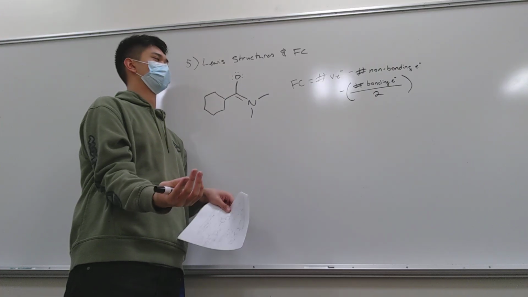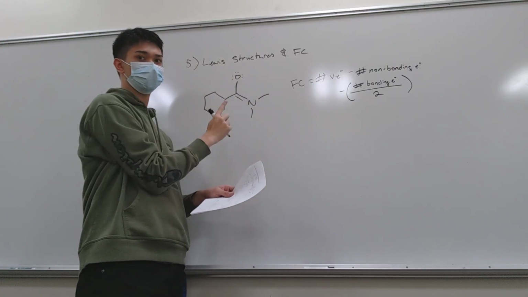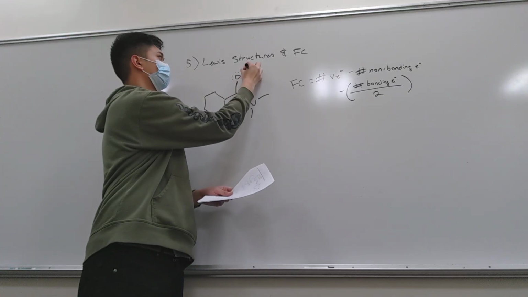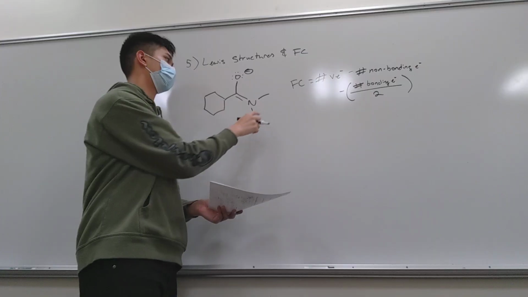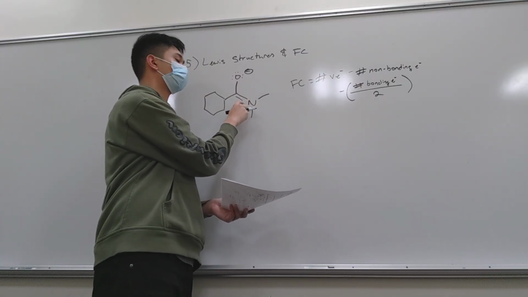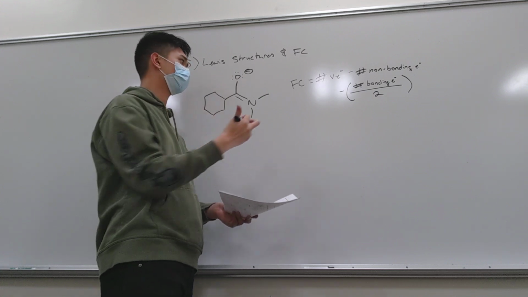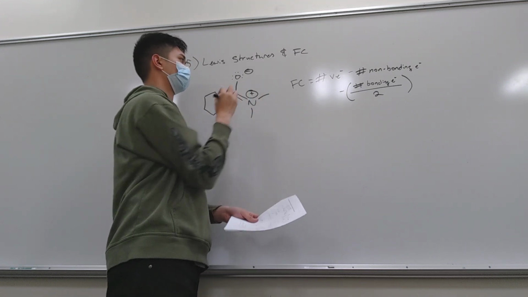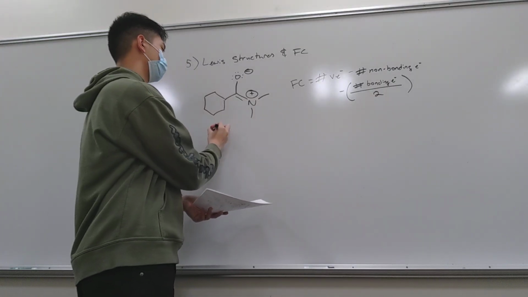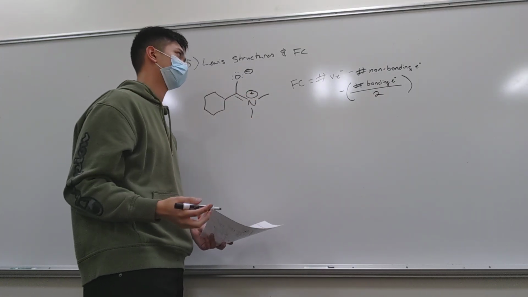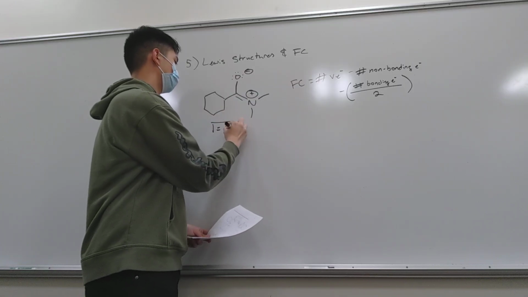Here it has 7, so it has a minus charge. Nitrogen likes to have 5 valence electrons. It has 4, so it has a plus charge. Calculating the net charge is just counting up all the charges together in this whole molecule, and we should have a net charge of 0.